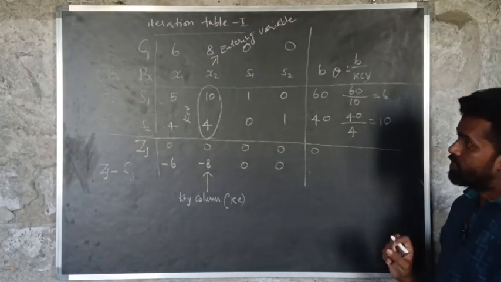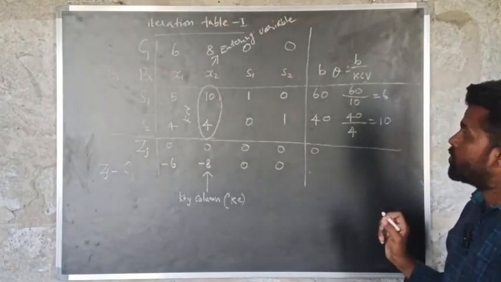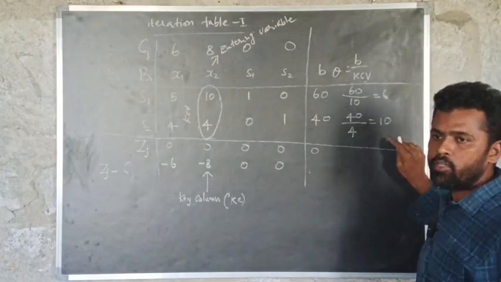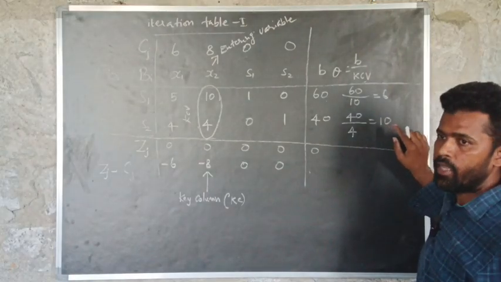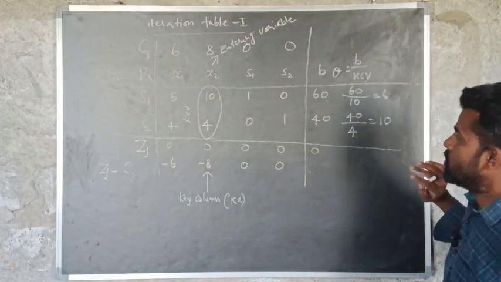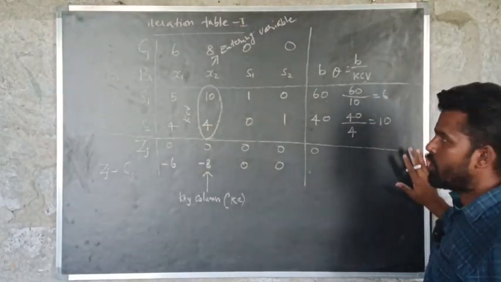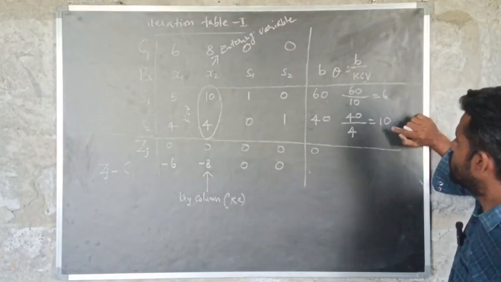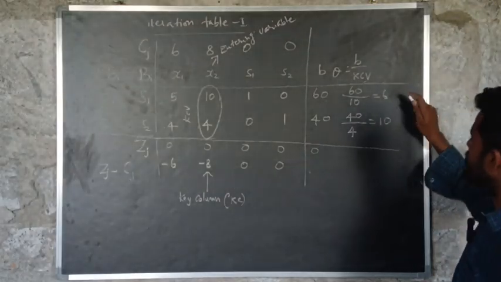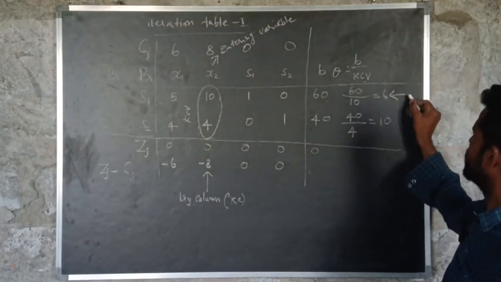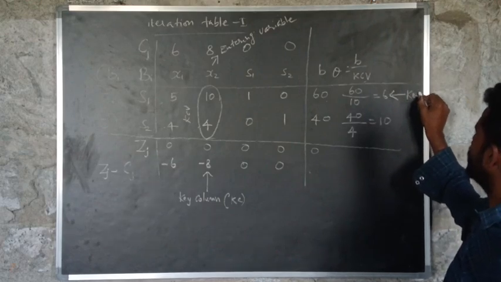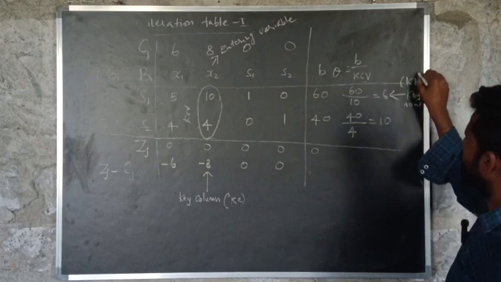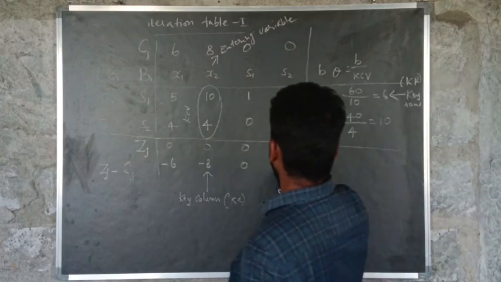The selection criterion for the key row is that we choose the lowest positive ratio. If we obtain any negative ratios, we cannot take them as the key row; we have to ignore them. From the positive values, we choose the lowest as the key row. Among 6 and 10, the lowest value is 6. So we choose that as the key row, in short KR, and I am going to encircle that row.